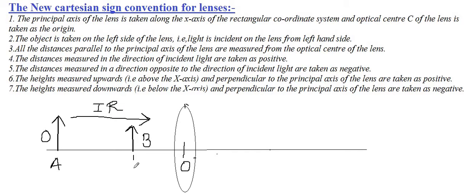So in this case, if we want to measure the image distance, we have to measure distance opposite to the direction of incident ray. Now in this case, the value OB will be negative, because in this case the direction of measuring distance is opposite to the direction of incident ray.